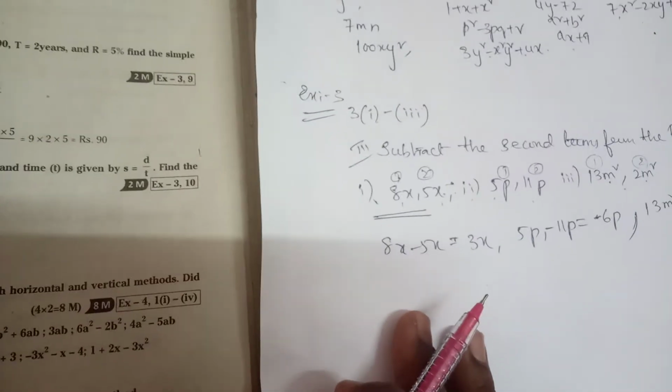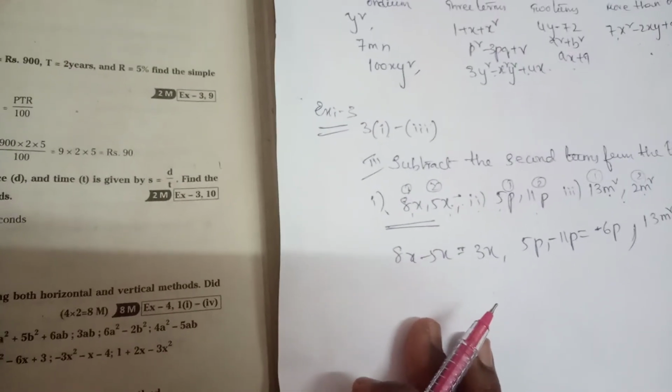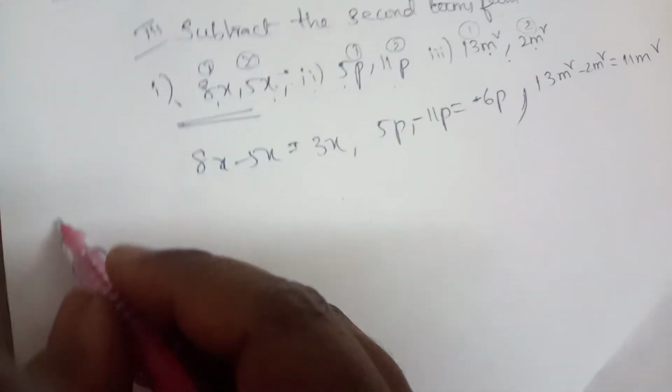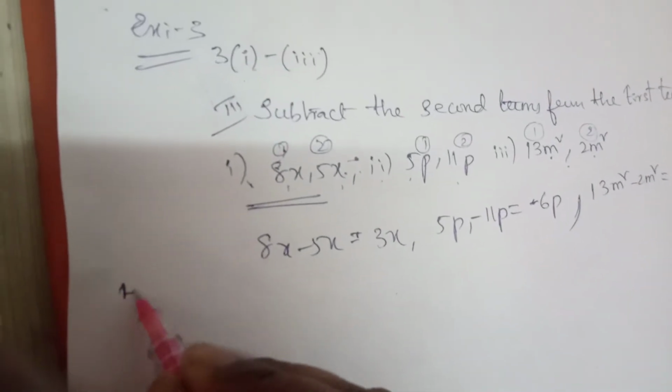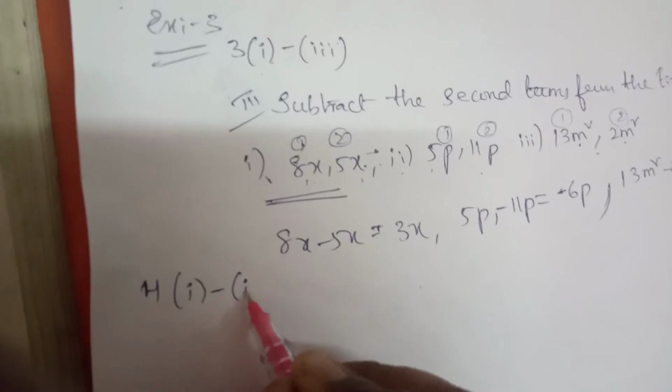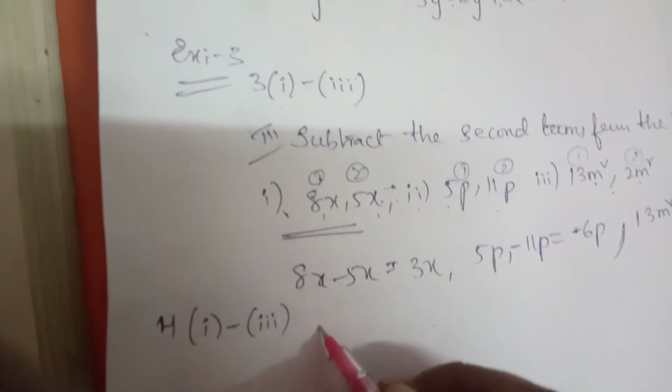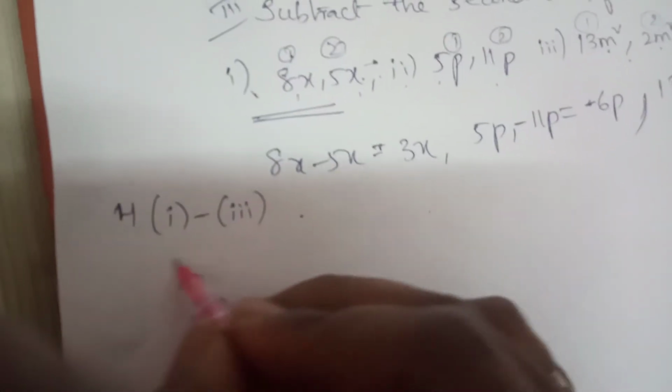Find the values of the following monomials if x equals 1. We know what the monomials are. That is the fourth bit, first, second to third.